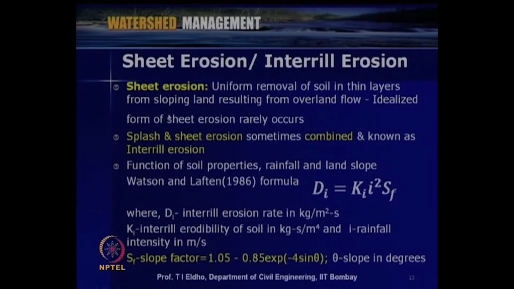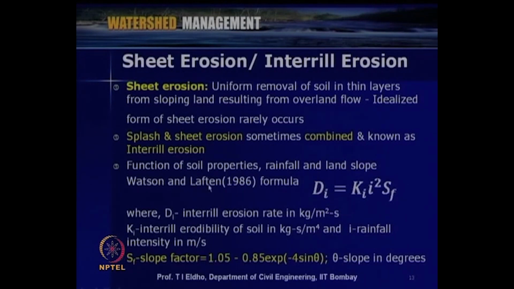The next one is the combination of splash and sheet erosion, sometimes combined together, and it is known as interrill erosion. Interrill erosion is a function of soil properties, rainfall and land slope.